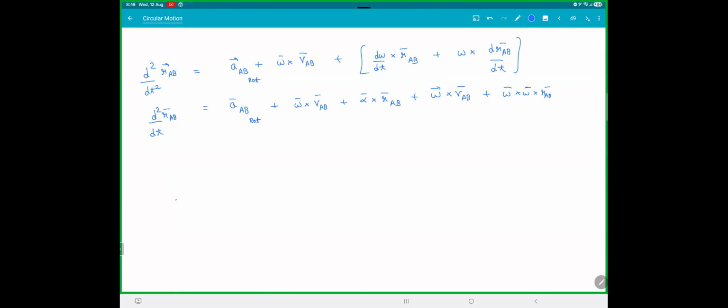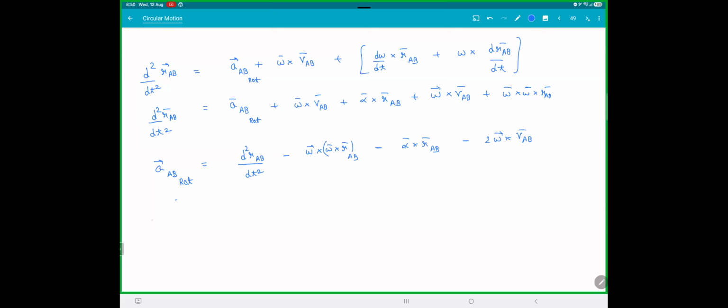I can just shift it this side, bring this thing here, acceleration of AB in the rotating frame will be d square RAB by dt square. Shift everything that side, you'll get minus omega cross omega cross r cap, minus alpha cross RAB, minus 2 times omega cross VAB.